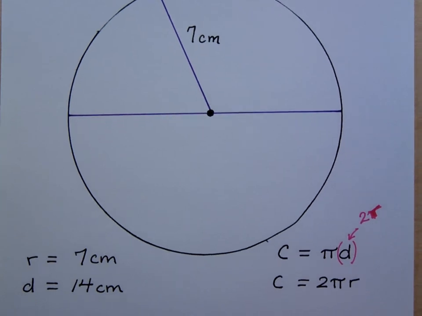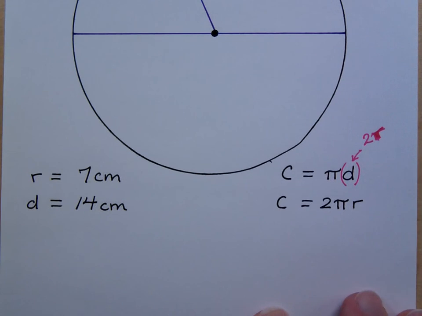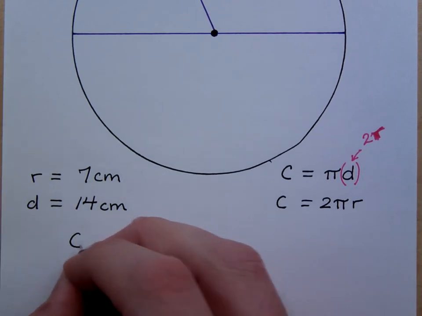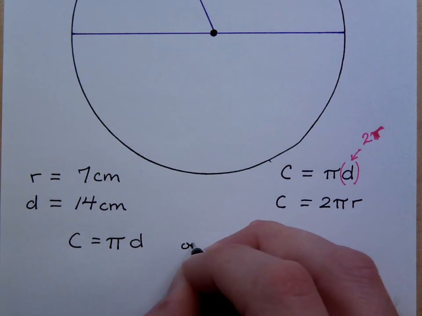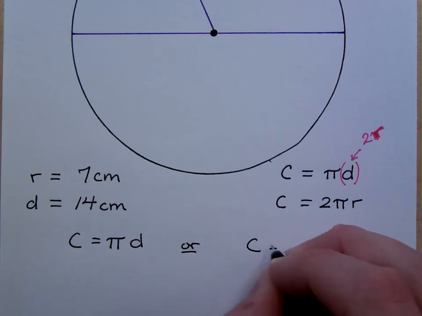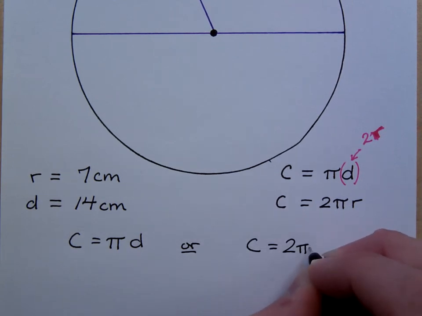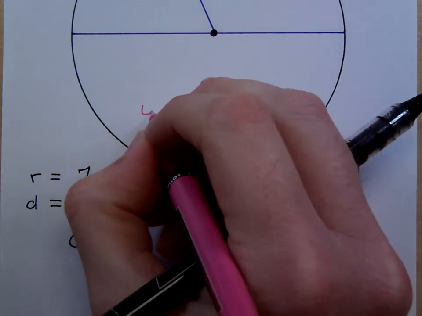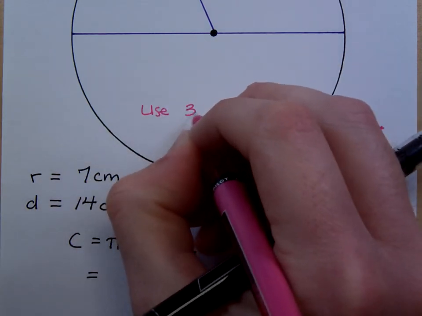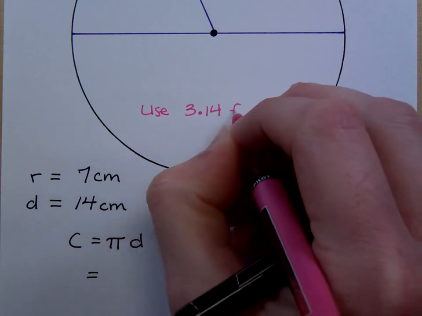So here's what we can do. To find the circumference, I'll do this both ways just so you can see that I'm not lying to you. You can say pi times diameter, or you can say 2 times pi times r. Over here, if we're doing pi, a lot of times you'll see the instructions say use 3.14 for pi.